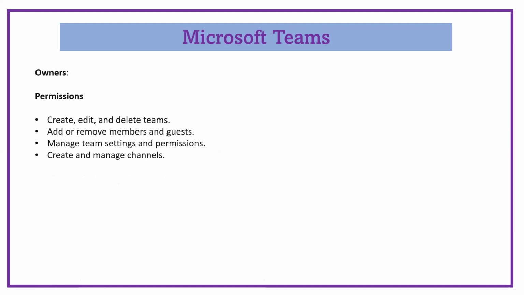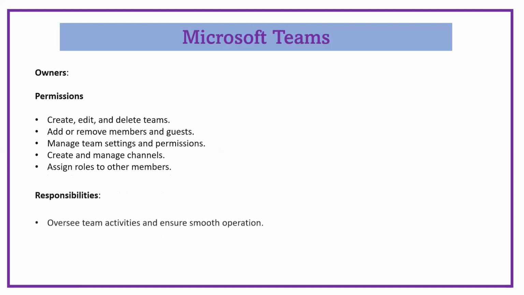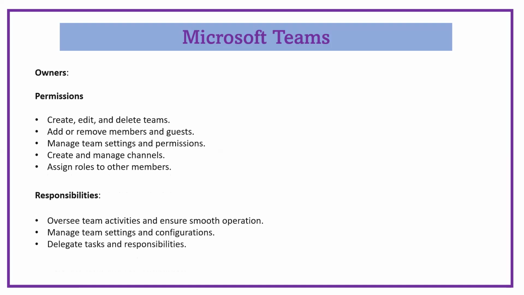Owner can create and manage the channels within that team. Owner can assign roles to the other members. Roles can be either owner or member role. Responsibility of an owner: oversees the team activities and ensures smooth operations, manages team settings and configurations, and delegates tasks and responsibilities.